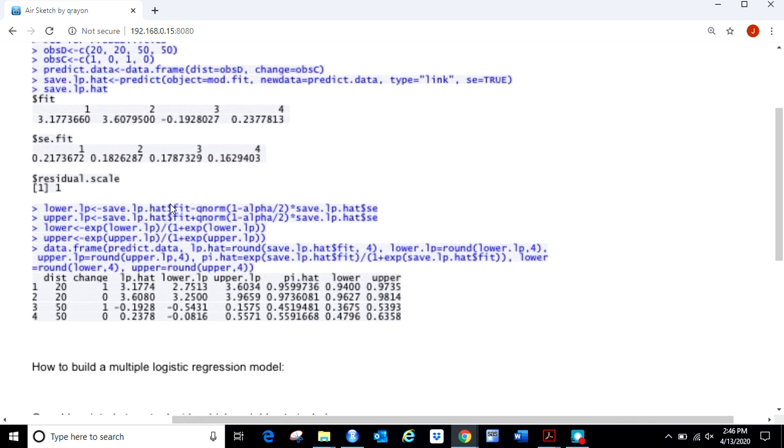So for my linear predictor, I have my fitted value up here. And then we're going to do e to that over 1 plus e to that. So then I get my entire values here. I can see that linear predictor part, as well as once I did the e raised to it over 1 plus e raised to it. So I get all 4 confidence intervals here at the same time.